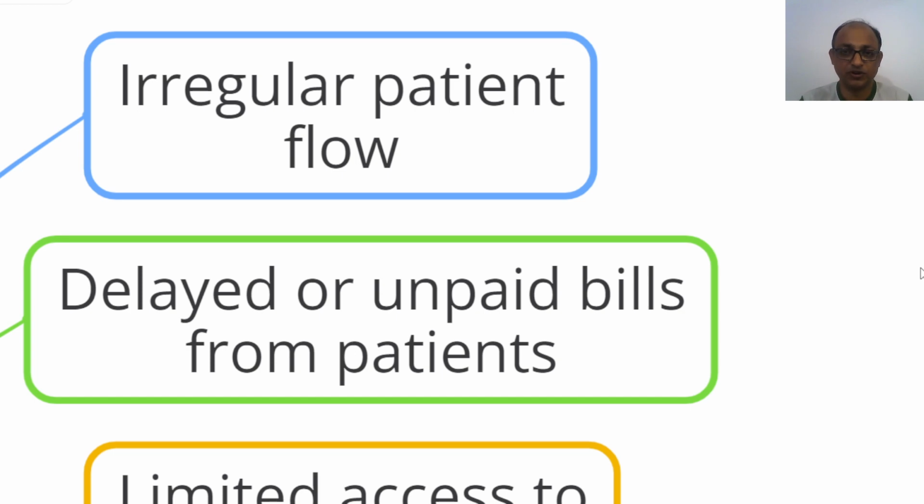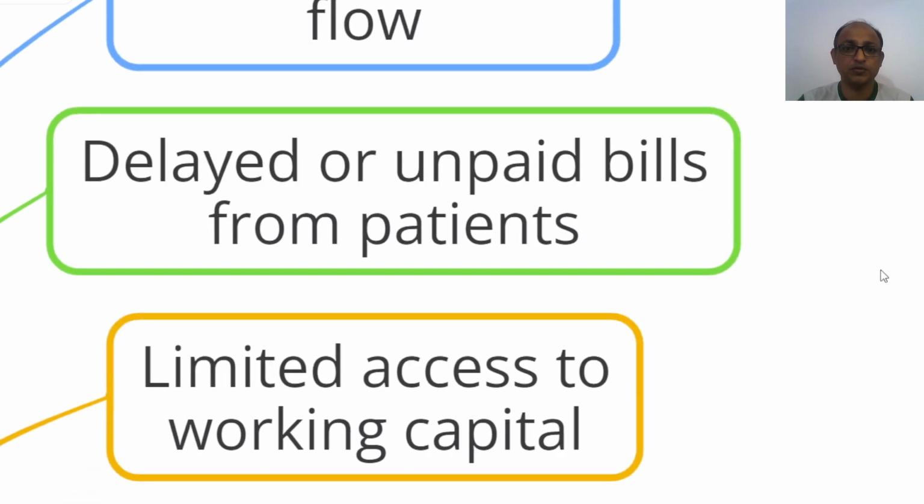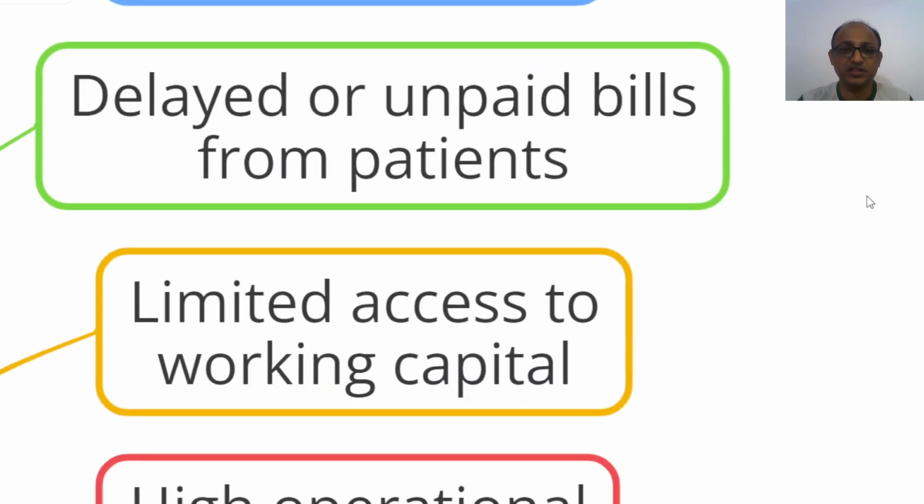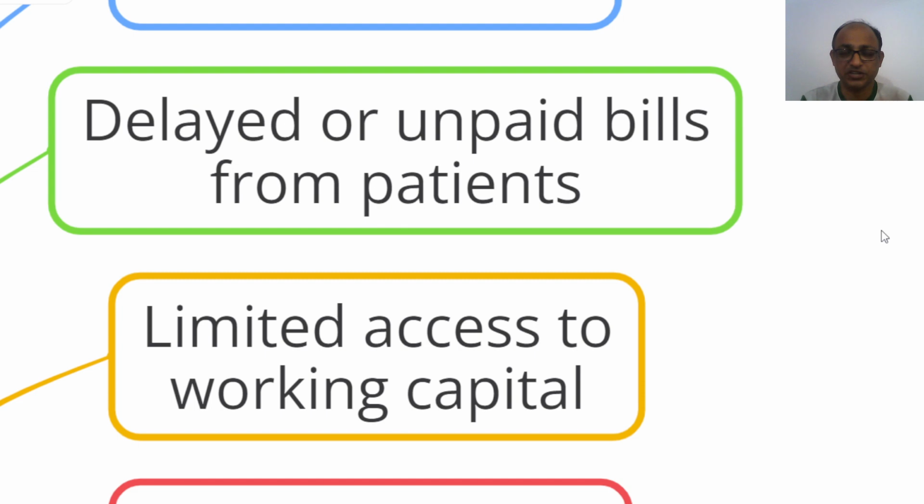It also creates cash flow problems. Another problem is delayed or unpaid bills from the patients. Your patients are visiting your clinic, but they are making only partial payment, or they are delaying the payments due to certain personal or financial reasons. But that is impacting your clinical practice.